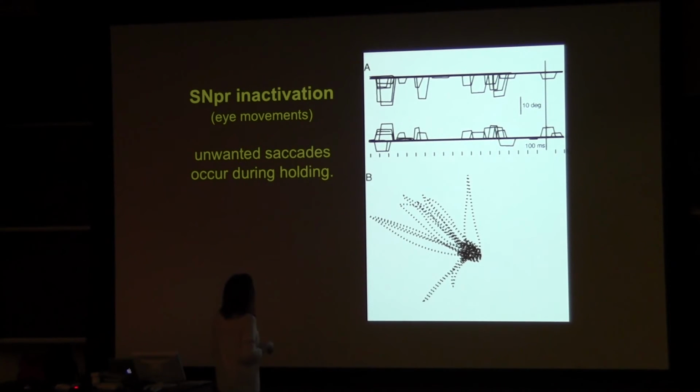And so again, what you get is unwanted saccadic eye movements when you inactivate the basal ganglia, suggesting the basal ganglia are normally inhibiting movements that you don't want to happen. And so in this case, you want to hold something steady, but you lose this drive, and now things come through.